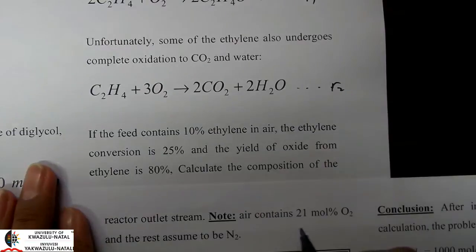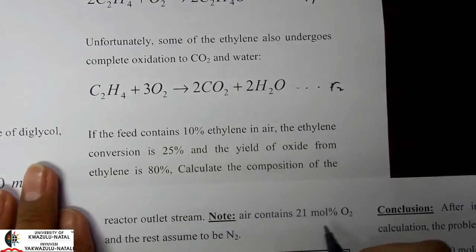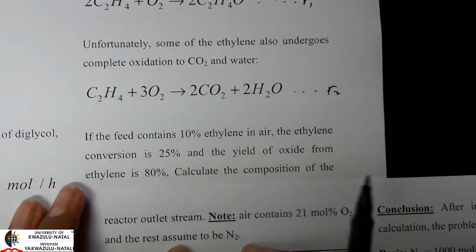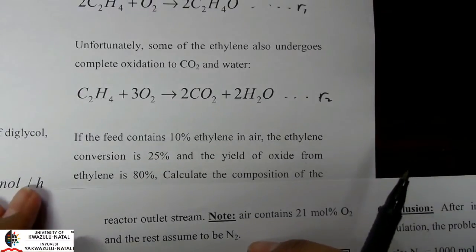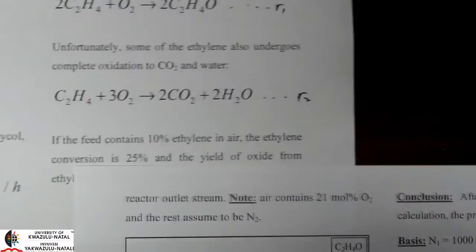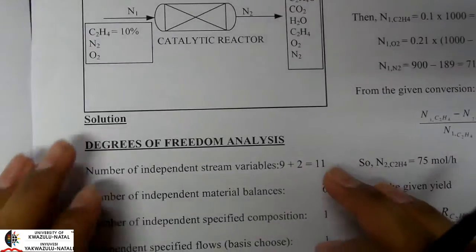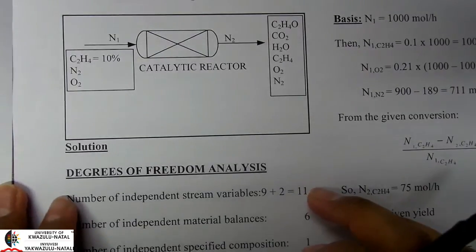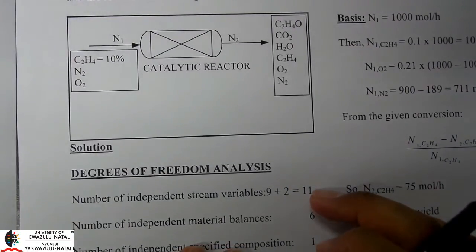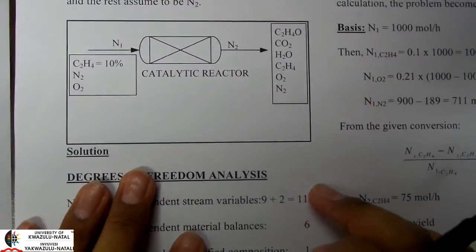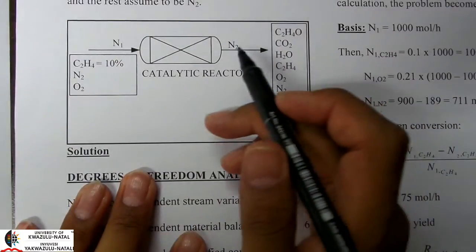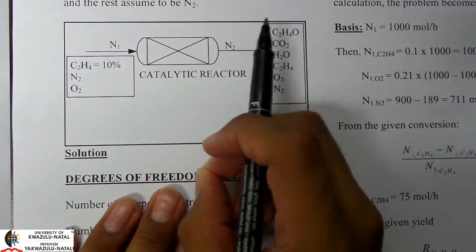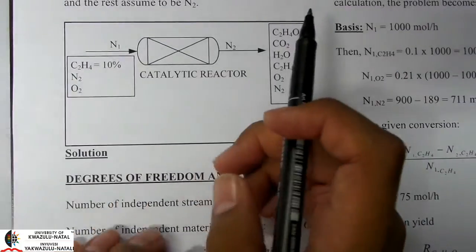Okay, and they are telling us the air contains 21 mole% oxygen, and we can assume that the rest of the air is nitrogen. Okay, so there are many specifications and subsidiary relations related to this problem. So we have to be very careful in our interpretation of each of this information.